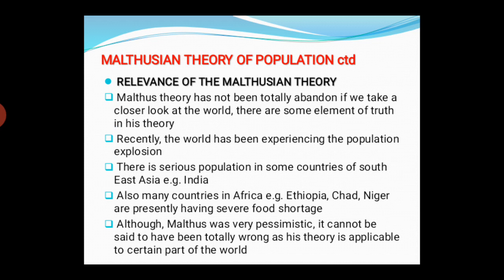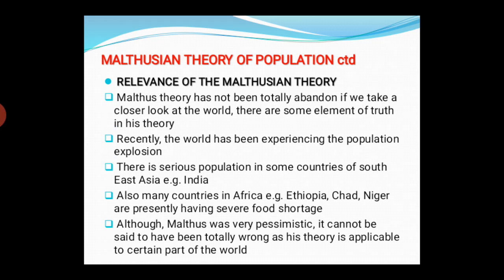Another point of consideration is that many countries in Africa, even Nigeria inclusive, like Ethiopia, Chad, Niger, are presently having severe food shortages. Although Malthus was very pessimistic, it cannot be said to have been totally wrong, as his theory is applicable to certain parts of the world.